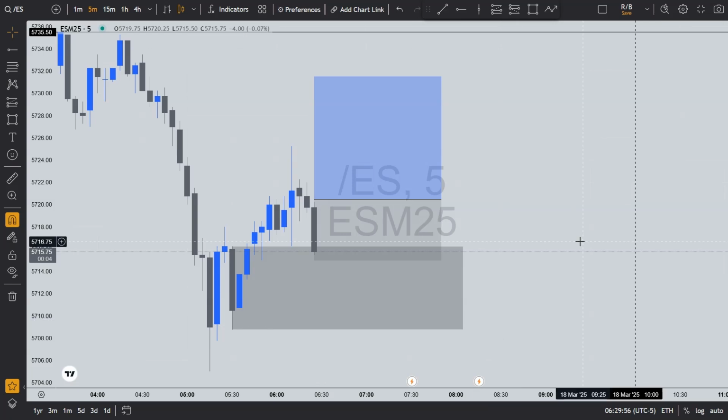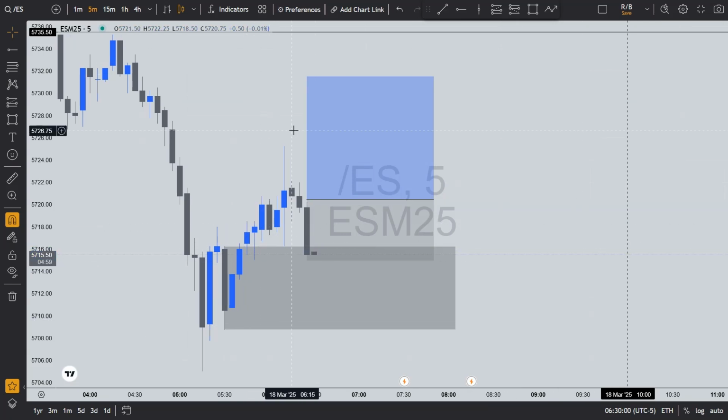Alright, so price did exactly what we wanted. It retested into this zone again, breaking lower than this bullish candle that I was talking about. And so now a more ideal entry would be, as long as it stays within the zone, I can get a break of the candle within the zone, or I get a break from this very moment right now.